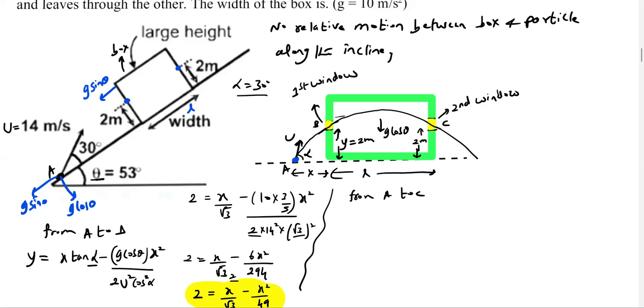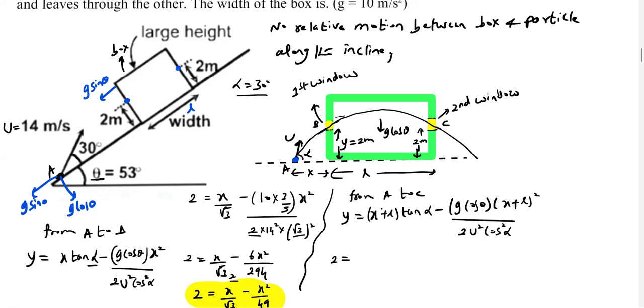From A to C, again, what is y equal to? x plus L tan alpha. Alpha is the angle of projection, not theta. Minus g cos theta, x plus L whole square by 2 u square cos square alpha.